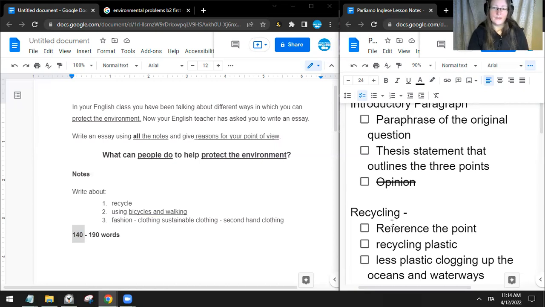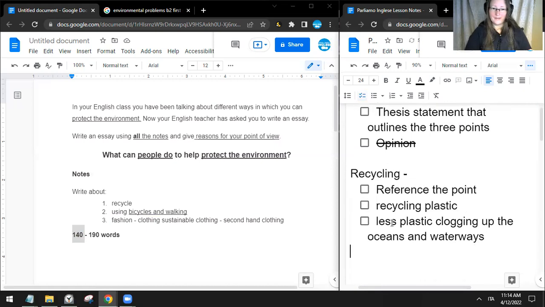And it's really that simple. So, one sentence referring to the point, one sentence referring to the example, one sentence referring to the outcome. Done. Next one, we're going to talk about using bikes and walking.